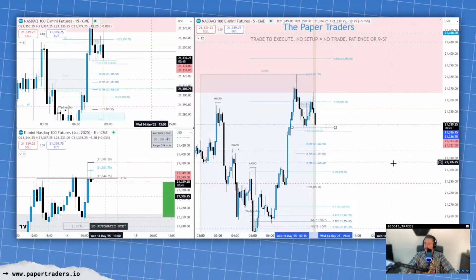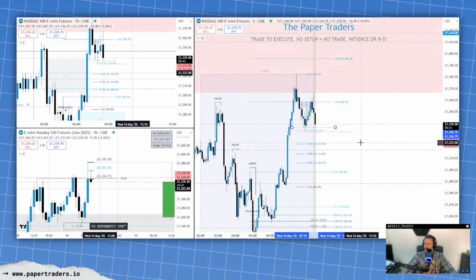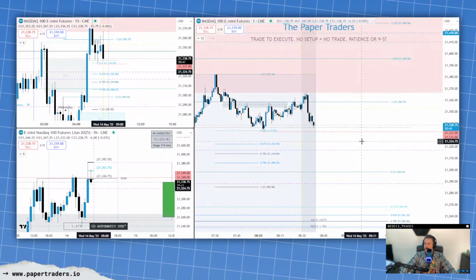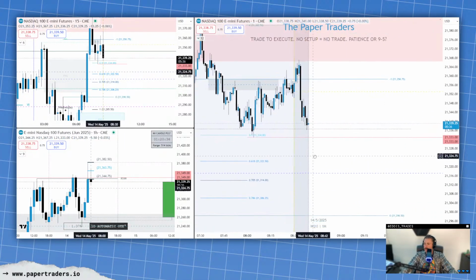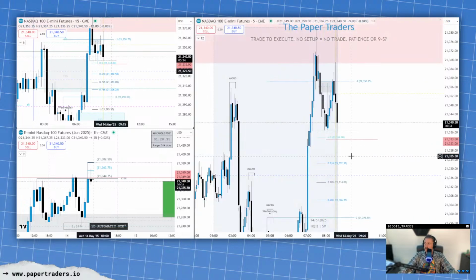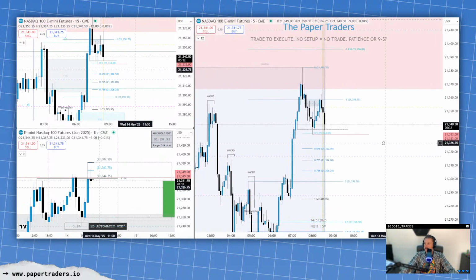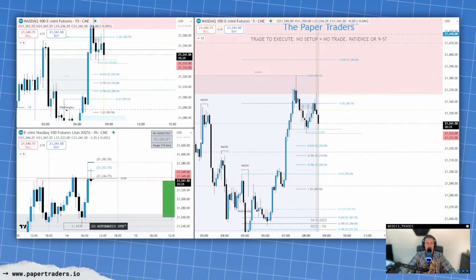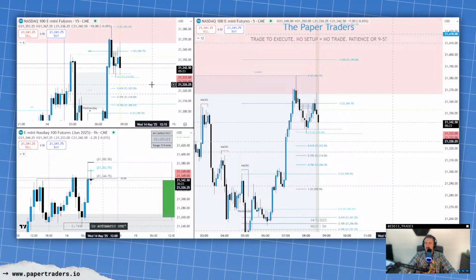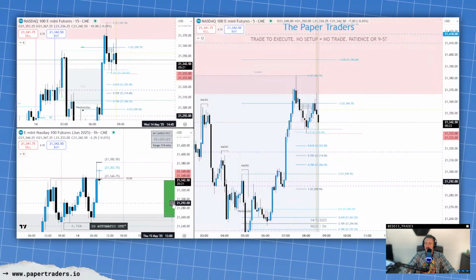What it needs to do right here, it needs to displace this 21,336.75. If we look on the 1 minute, that was our level over here for a little bit. It was this low that got swept. So right now, what we need on this 5 minute is for it to displace and continue down. Same thing on that 15, right? If we don't do that, then it's still playing out, right?